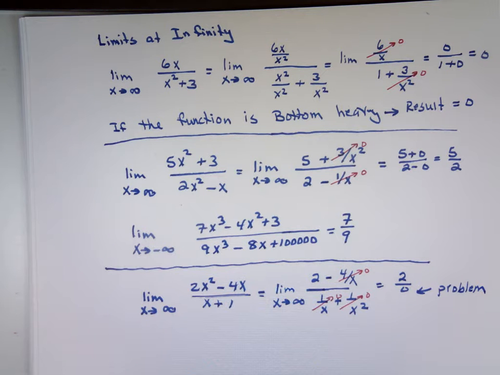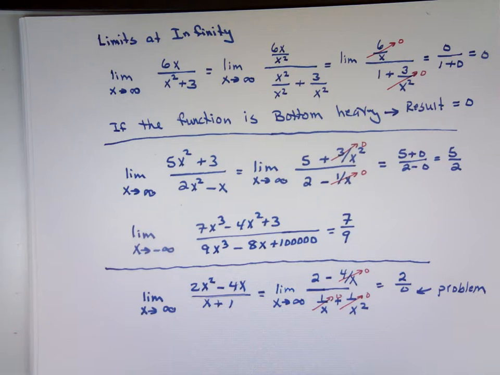So what does that mean? What I need to do to fix that problem is do long division. Divide this by this, and we're going to have something called a slant asymptote.